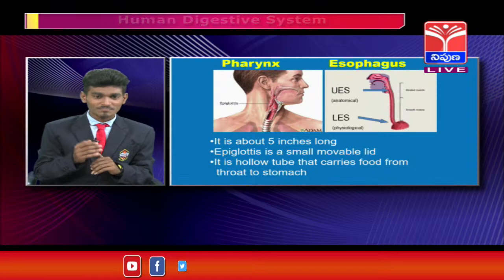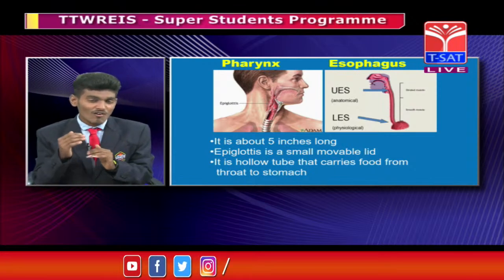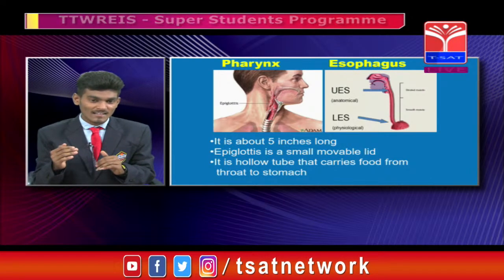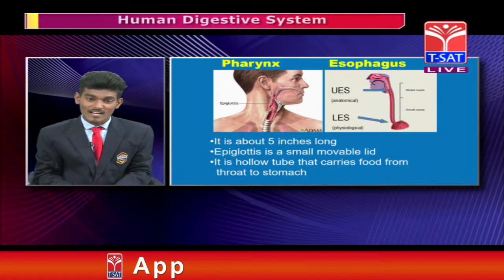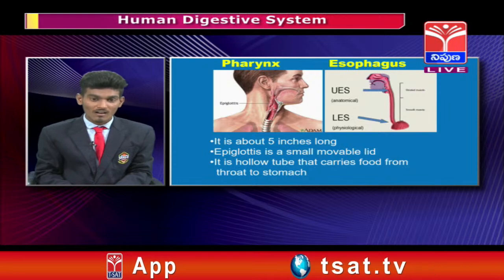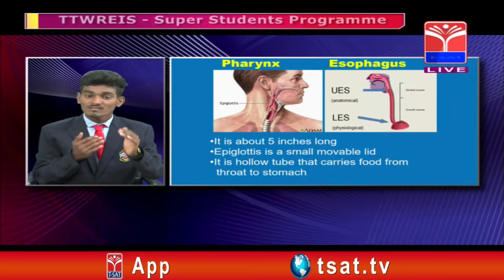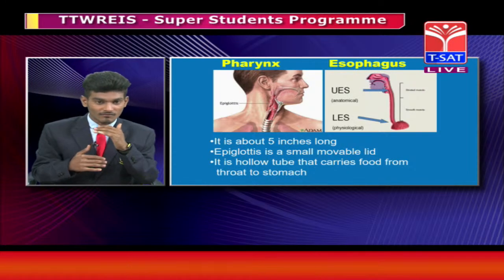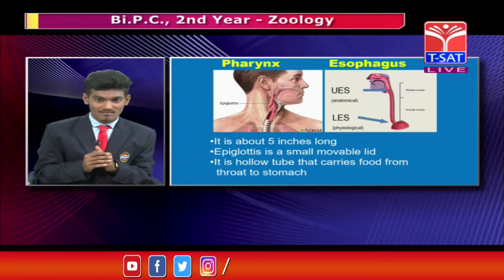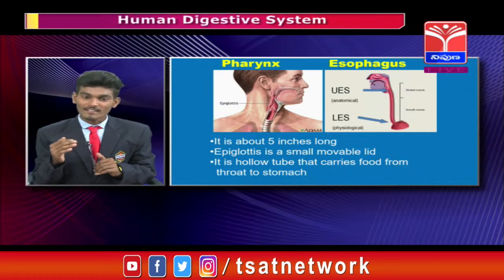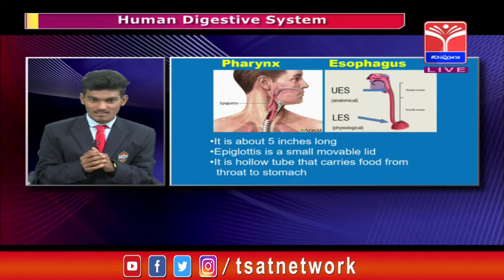Yes, the cartilaginous flap is known as the epiglottis. The epiglottis is freely movable, and the pharynx opens into the esophagus. Go through the next part, the esophagus.